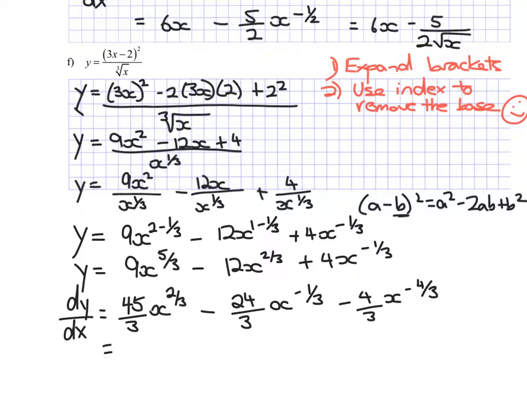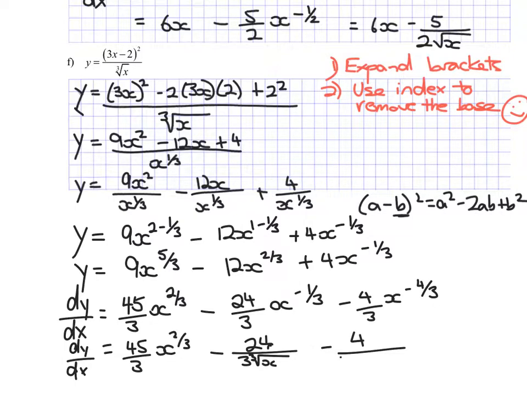Now, of course, I can write that without my negative powers. So that's 2 on 3, take 24 on 3 root x, but that's going to be a cube root, take 4 on 3 x. Now you could just write that as 4 on 3 x to the 4 thirds.